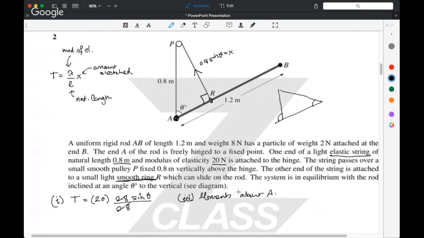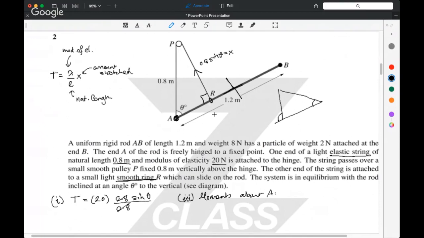If there was a net moment, then it would rotate around A. So we want to be resolving these along the axes given, where one is the rod and one is perpendicular to the rod, because this always makes it easier for us. The moments are only comprised of forces which are acting perpendicular. Anything acting along the rod doesn't exert a moment on a point.